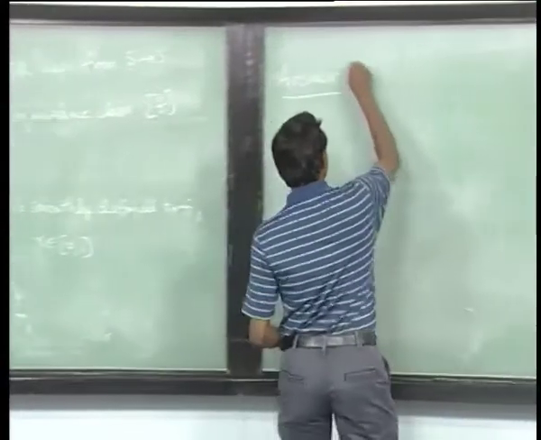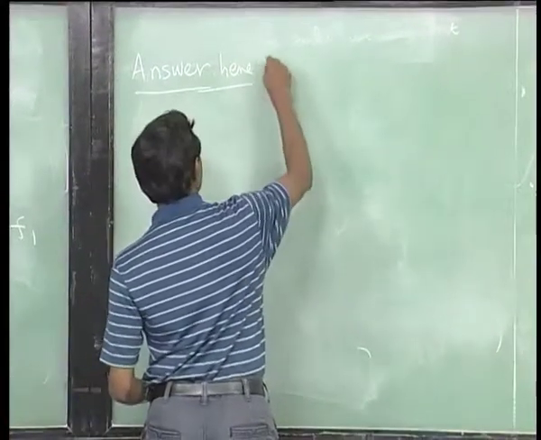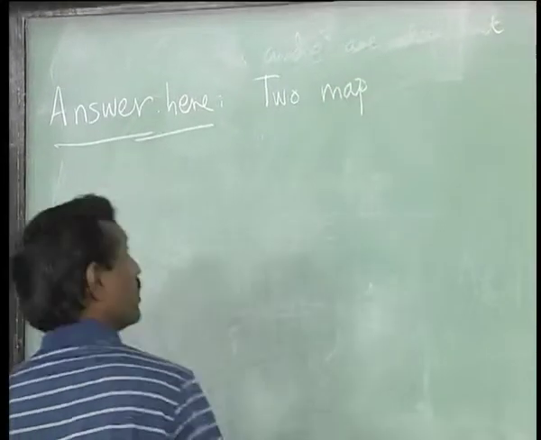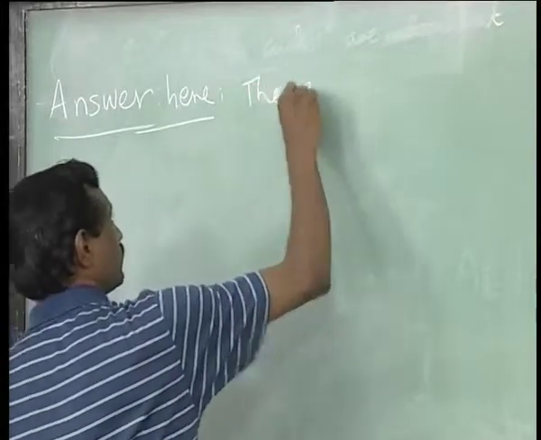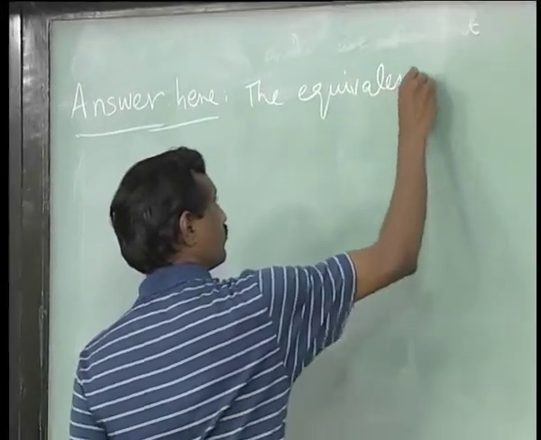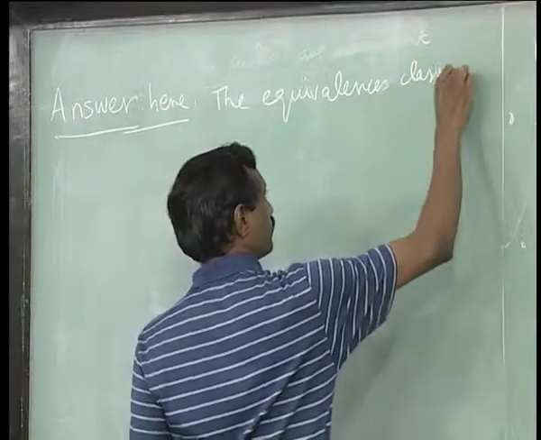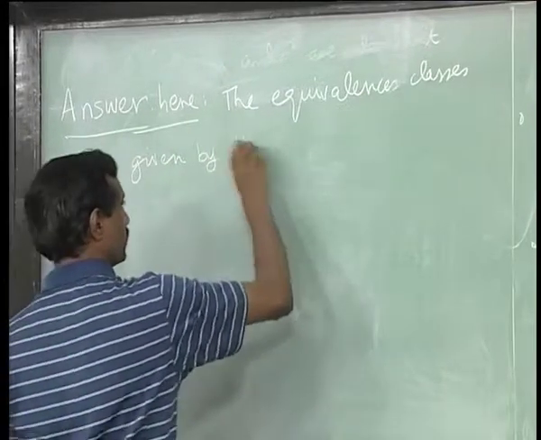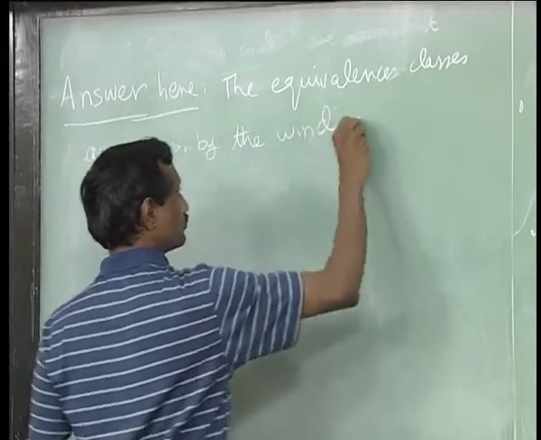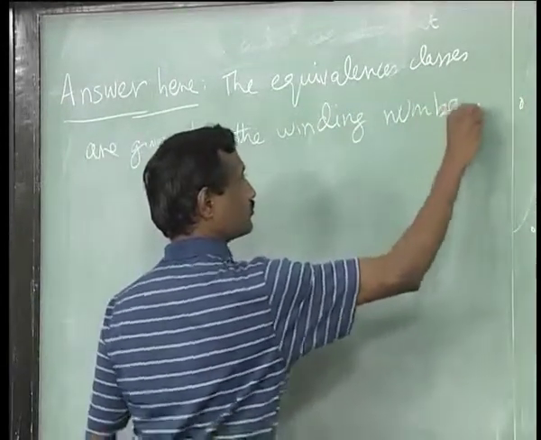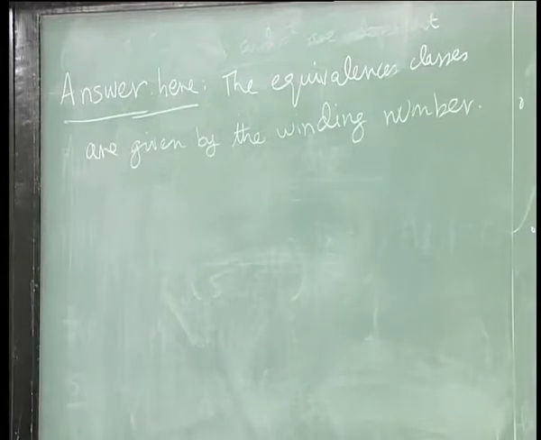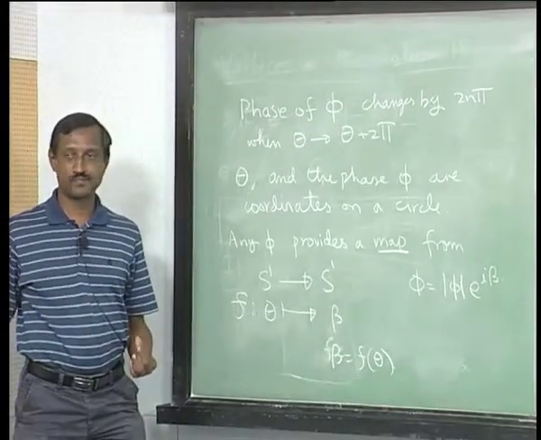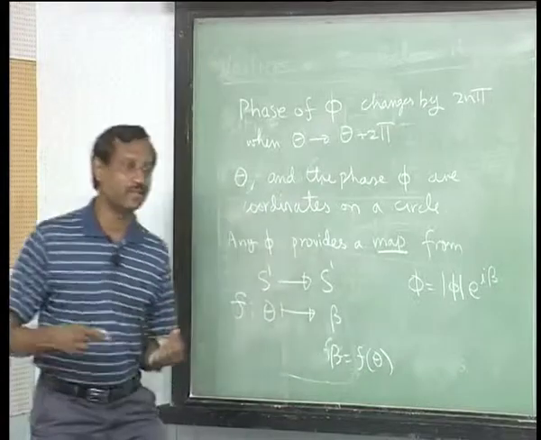So, the answer here, which we already know, is that the equivalence classes are given by the winding number. By winding number I really mean how many times it winds around when theta goes from 0 to 2 pi.